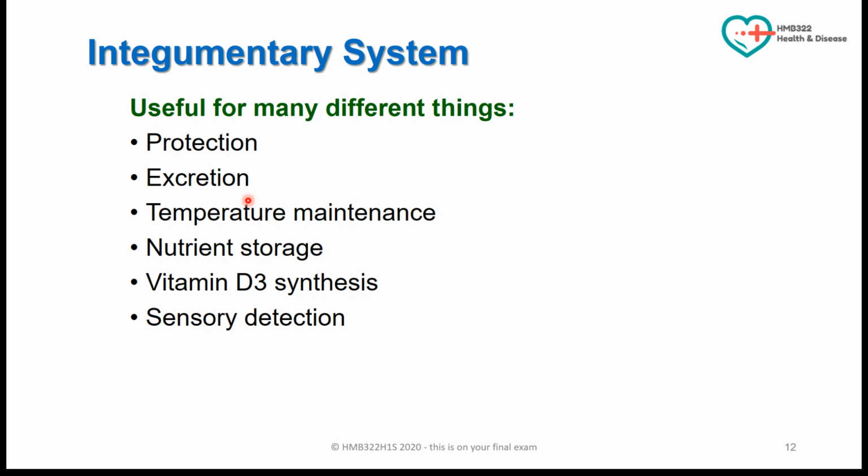Another way that we often talk about skin is the integumentary system. If you see the integumentary system, it's referring to skin. We use it for protection, for excretion. A lot of it is for temperature maintenance. We store a lot of different nutrients in our skin.